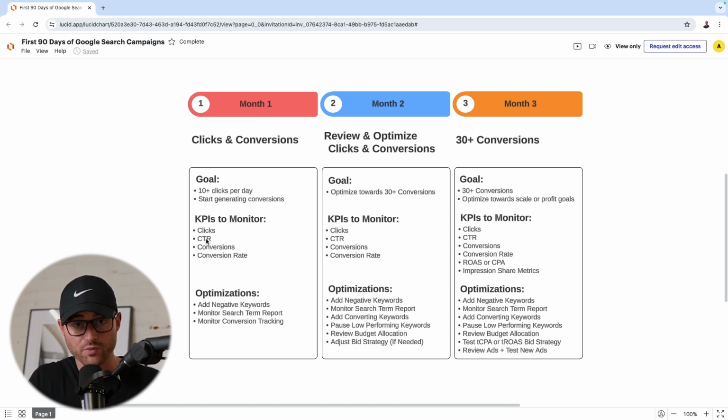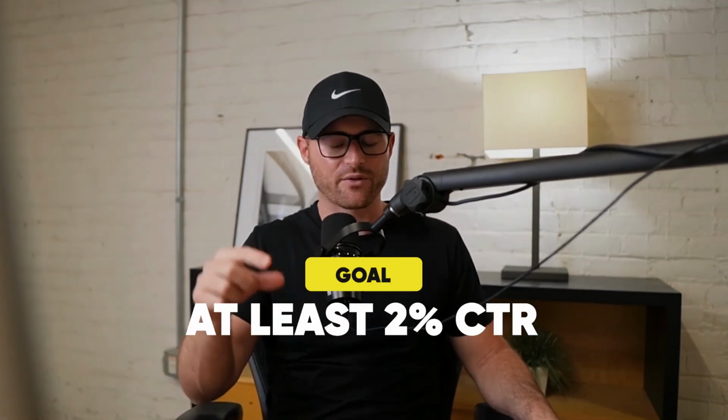Click-through rate. This one's huge. I have audited campaigns where their keywords don't match their ads, or at least the terms they put in don't match their ads. And what you should be looking at is, am I getting at least a 2% click-through rate? Now, that percent will adjust dependent on what position your ad is, depending on how aggressive you are.